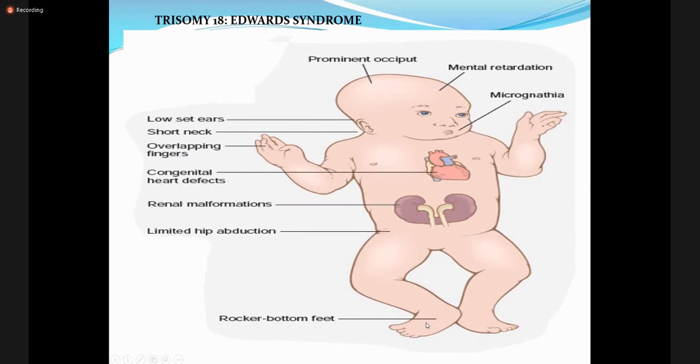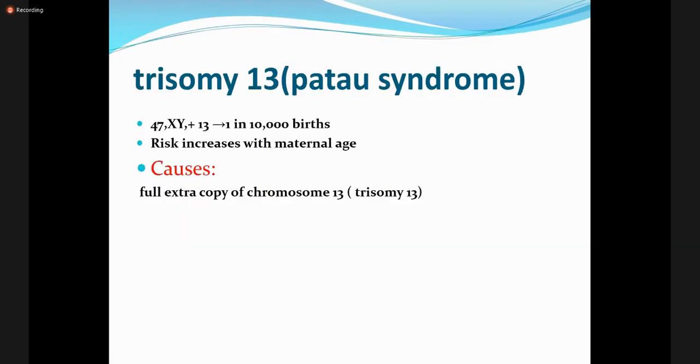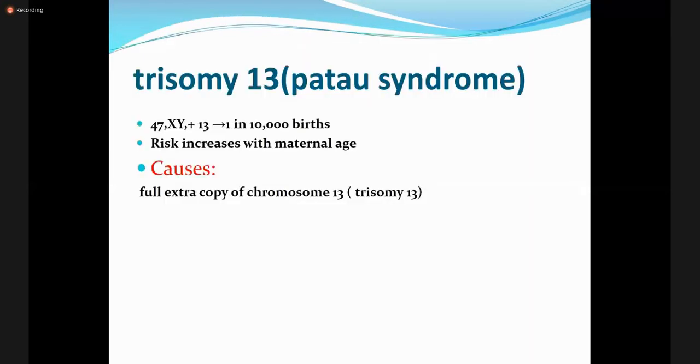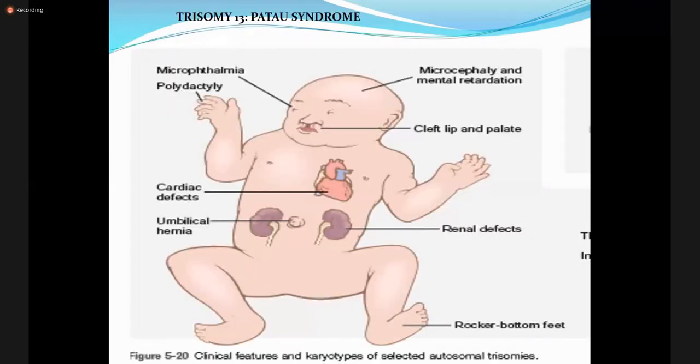So these are the features of Edwards syndrome, and this patient would have an extra 18 number chromosome. Similarly, trisomy 13, which is Patau syndrome, again the risk increases with maternal age, and these are its features.